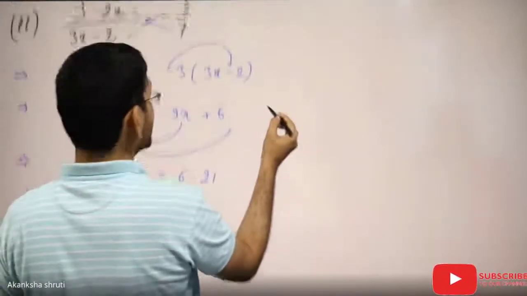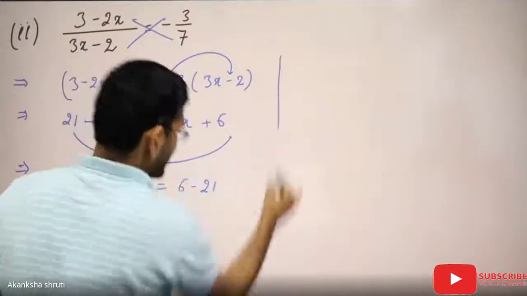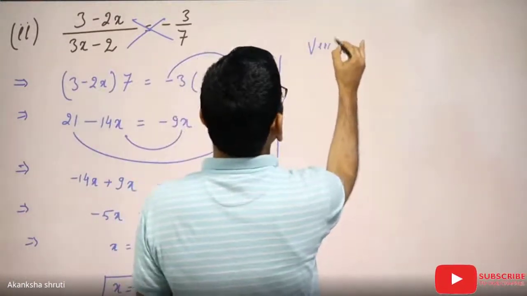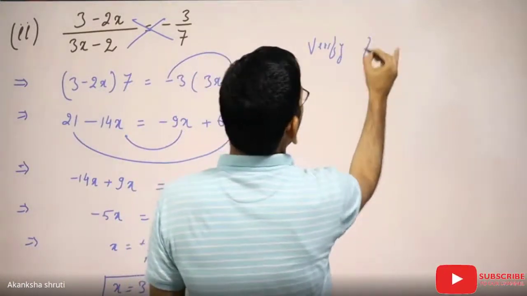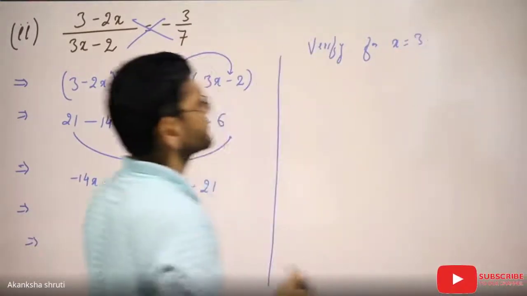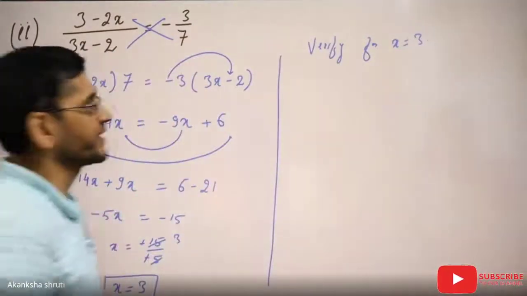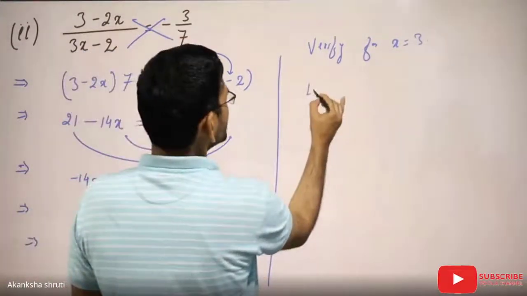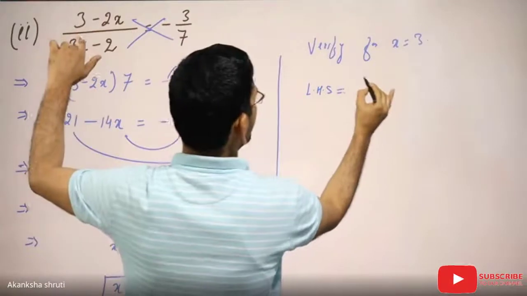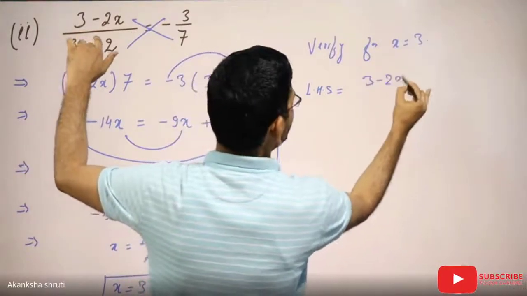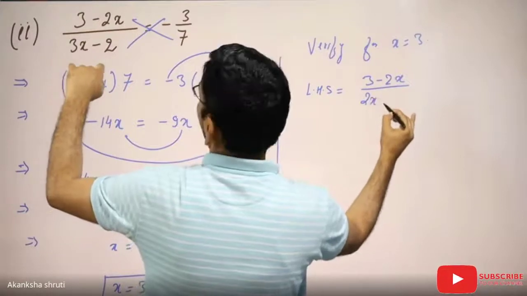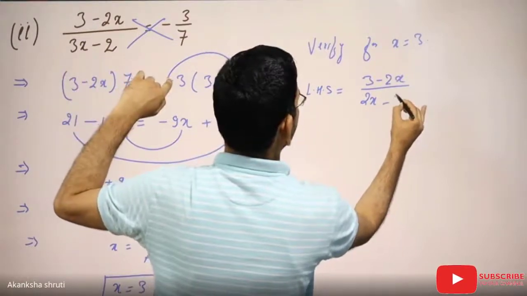Now we want to verify. So let me write the verification here. So verify for x equal to 3. Means the solution that we have obtained, for that we need to verify. So what is our LHS? Our LHS is this entire term, (3 minus 2x) divided by (3x minus 2).